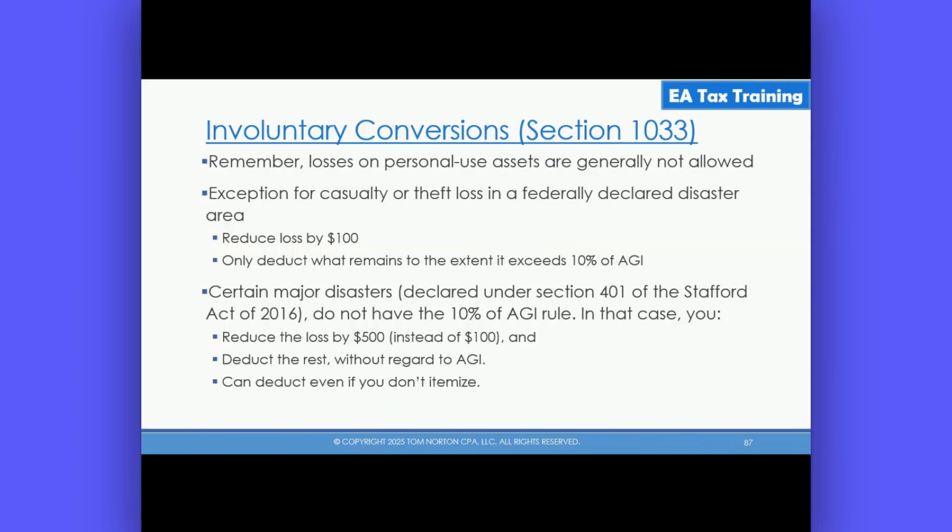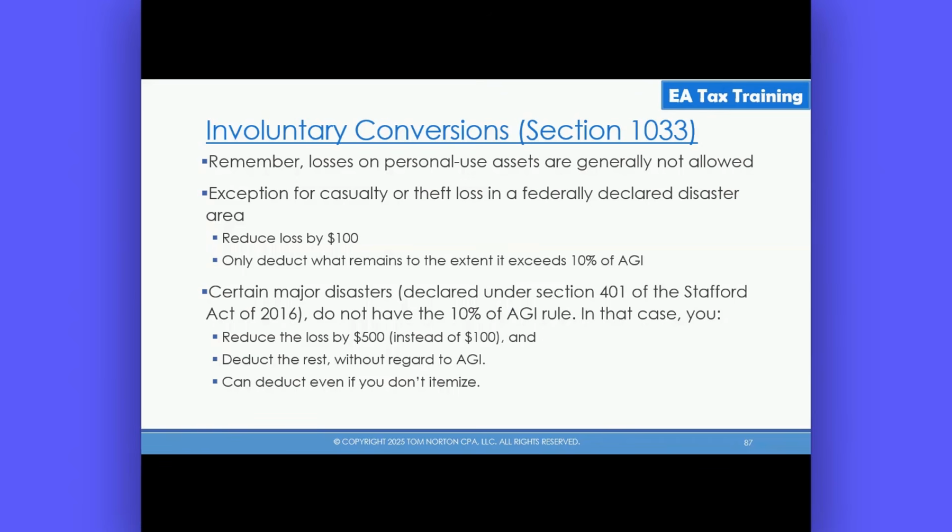So if you have a loss in a federally declared disaster area, let's say you have a $20,000 loss. What you would do is subtract $100, so your loss would now be $19,900. And you can deduct that $19,900, but only to the extent it exceeds 10% of your adjusted gross income.